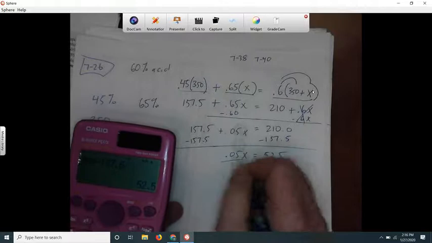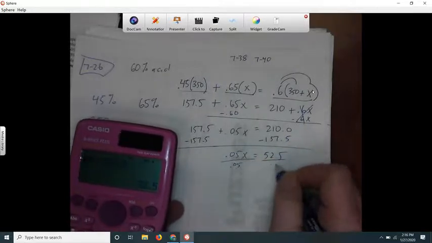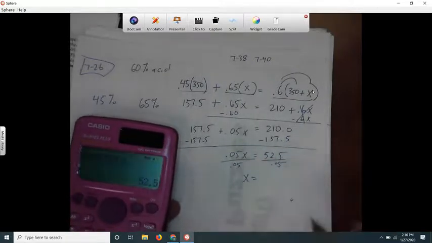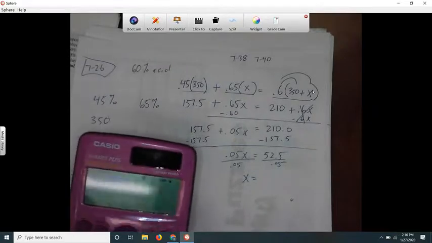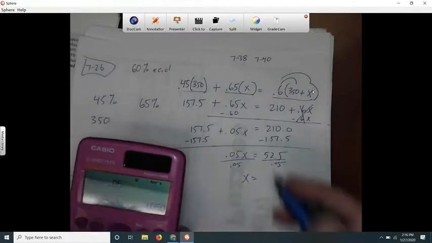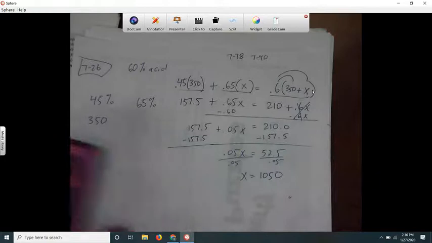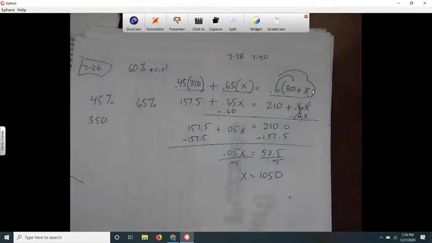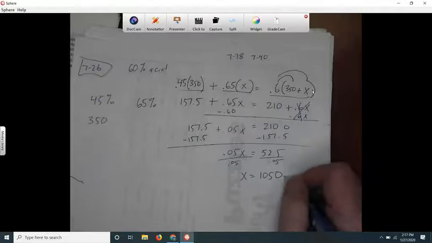Then I'm going to divide both sides by 0.05, and then x is going to equal 1,050 milliliters of the 65% solution that's going to have to get poured in there. And so I'll just go milliliters.